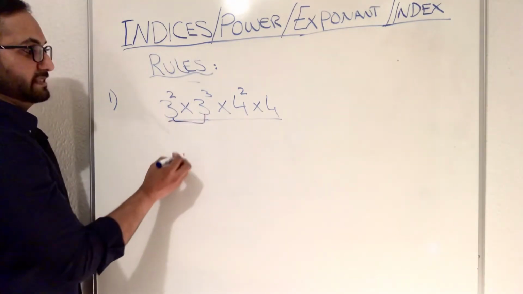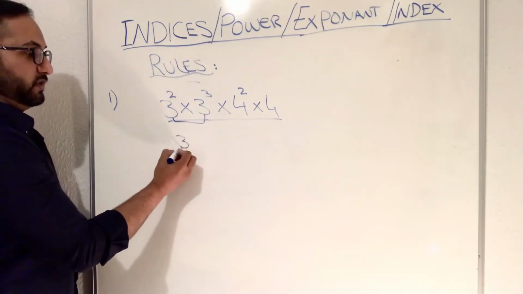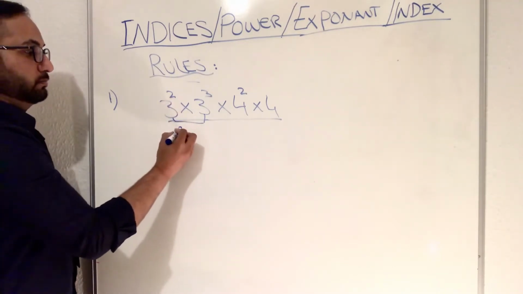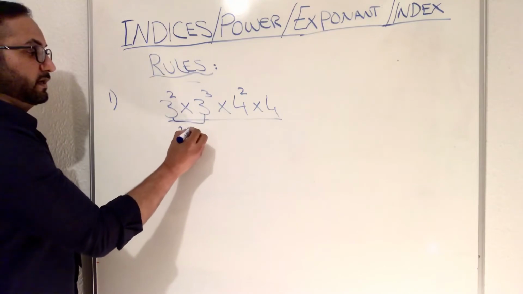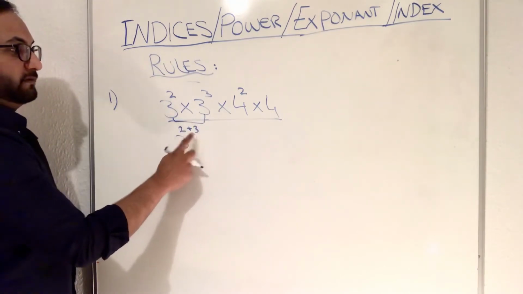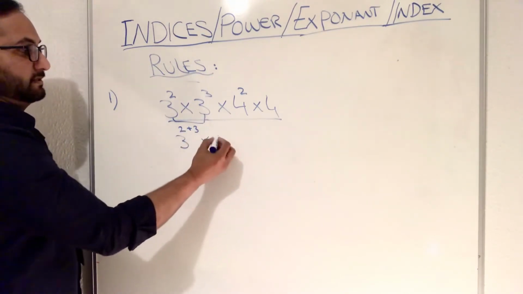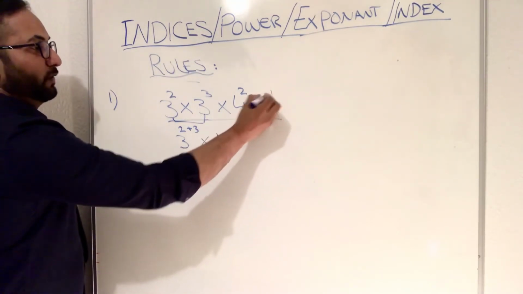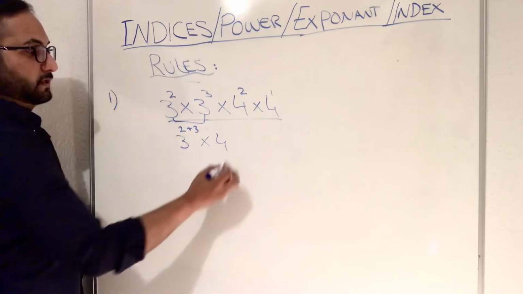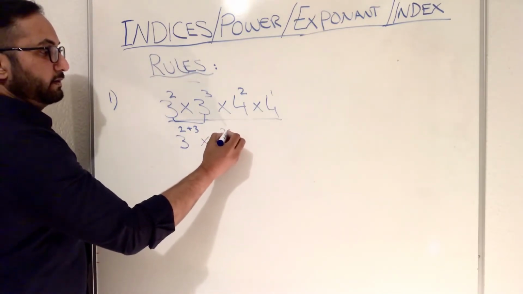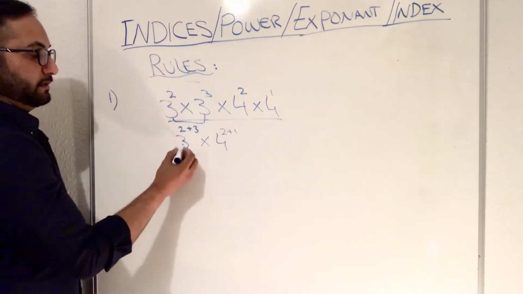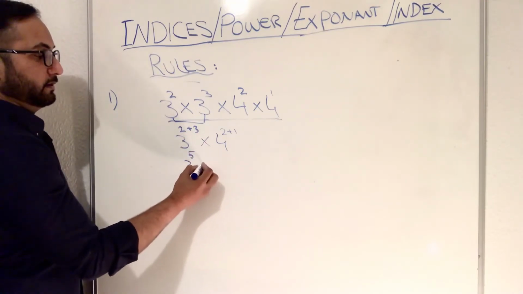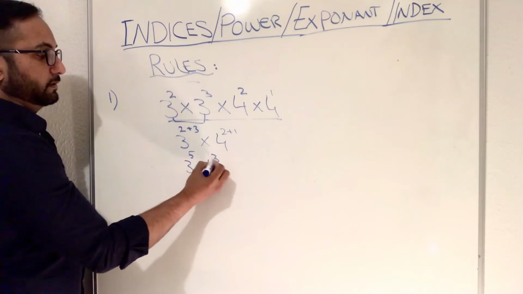These two have the same base, so first we solve that one. 3 has a power 2 and 3 has a power 3. Multiplying, so we add the powers. Next, 4 and 4 have the same base. One has a power 2, one has a power 1, so we add powers. That becomes 3 power 5 and 4 power 3.